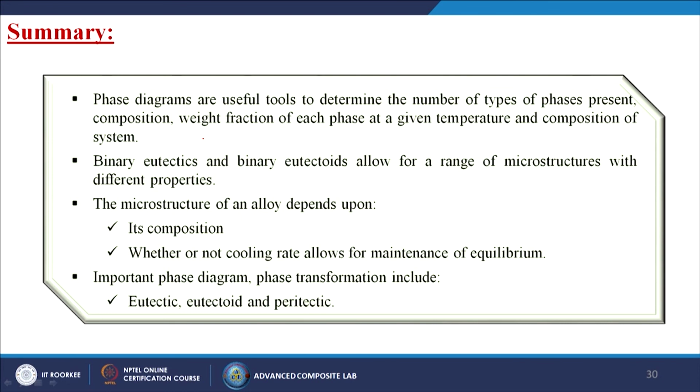Binary eutectics and binary eutectoids allow for a range of microstructures with different properties. The microstructure of an alloy depends upon its composition, and whether or not the cooling rate allows for maintenance of equilibrium. Important phase transformations include eutectic, eutectoid and peritectic, which we have discussed in this lecture.